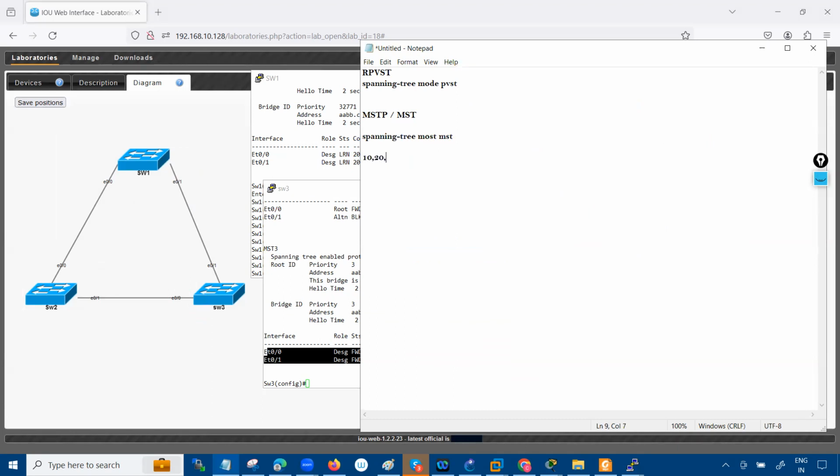What you can do, the VLAN numbers 10, 20, 60, 70, 80, 90, on switch 1, switch 2, and switch 3. And then what you can do that? On switch 1, you need to go under the interface range E0/0 to 1, switchport trunk encapsulation dot1q, switchport mode trunk, and on the switch 2 as well, same configuration just applied, that's fine.